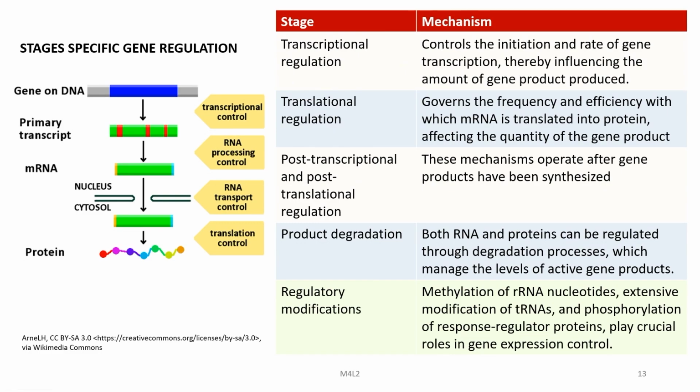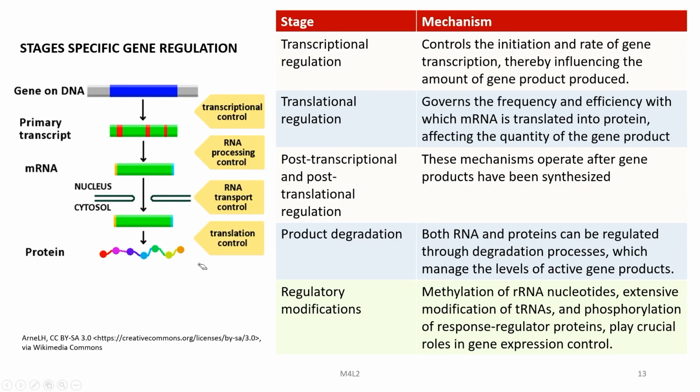So, what are the stages of stage-specific gene regulation? You have this DNA with the genetic information over here, and then we have transcriptional control, which will control the transcription. After the primary transcript is produced, it is under the control of RNA processing, and then mRNA is produced.